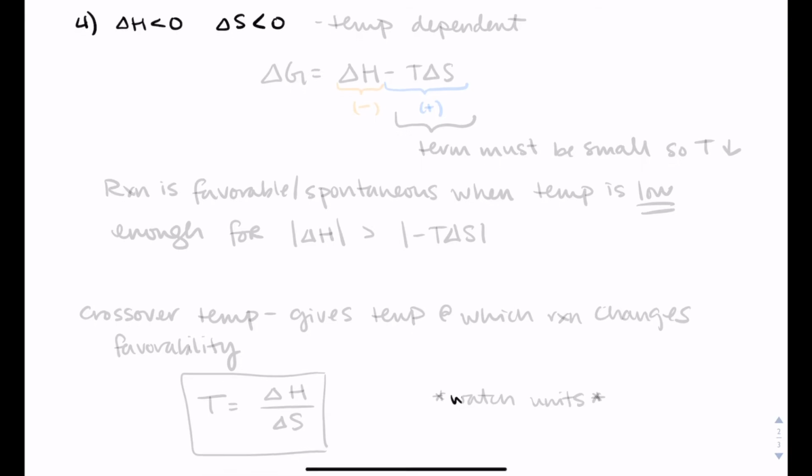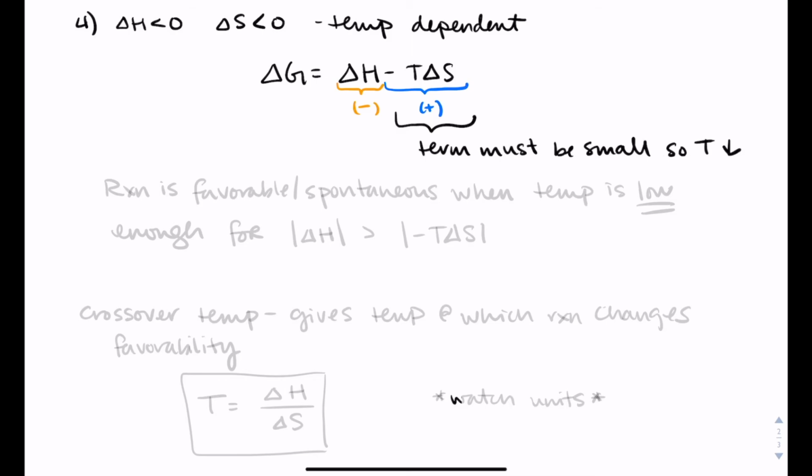So my reaction will be favorable or spontaneous when the temperature is low enough for the delta H term to be the dominant term in the addition. So low temperature will keep that minus T delta S term small, and the amount of increase in entropy in the surroundings helps make up for the fact that our reaction is getting more ordered.